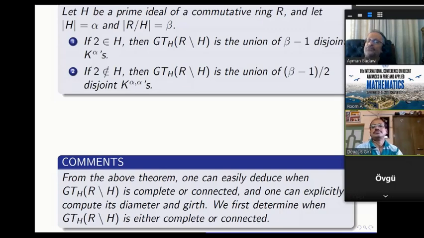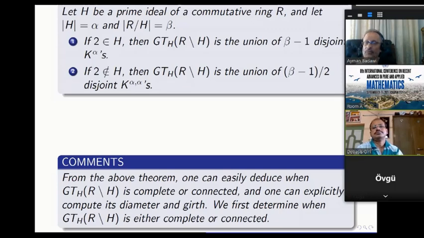Let me stop for a minute here. Now, what about if I take my ring to be an integral domain, and I take my H to be the prime ideal 3Z? So my R is the set of all integers, and my H is 3Z. Definitely 2 is not in the prime ideal 3Z.